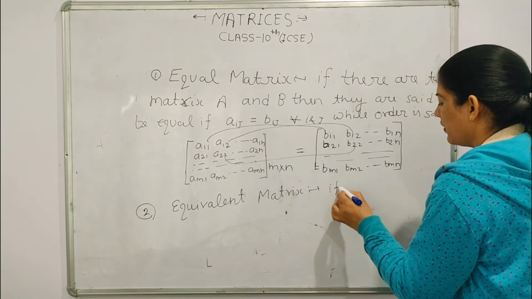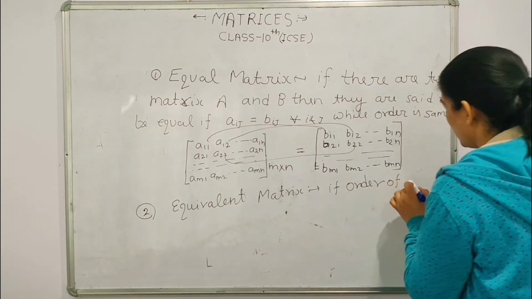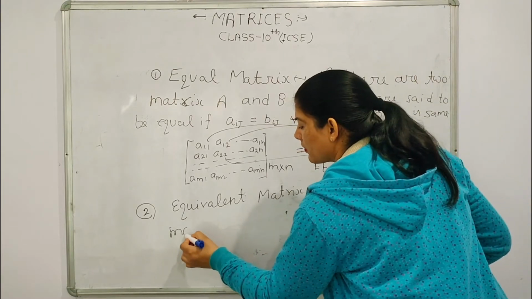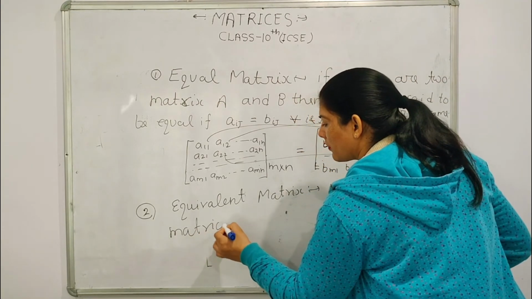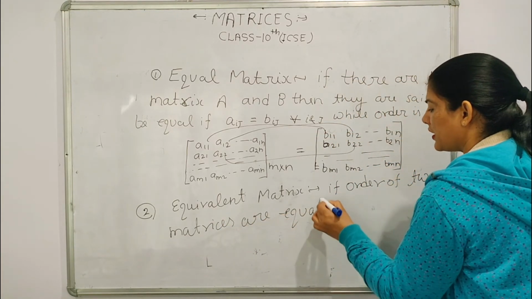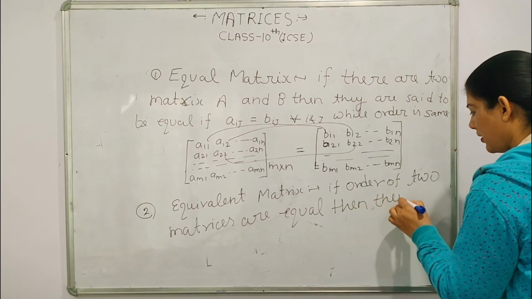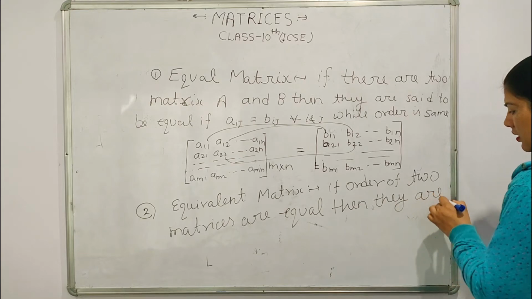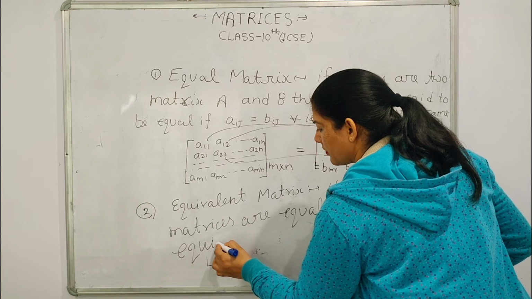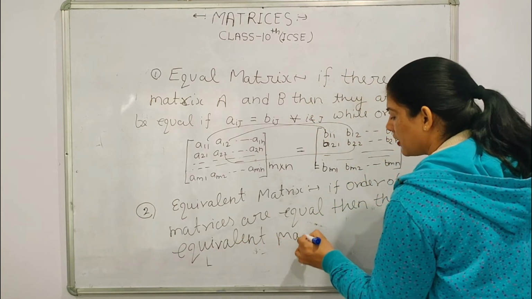So if the order of two matrices are equal, then they are said to be equivalent matrix.